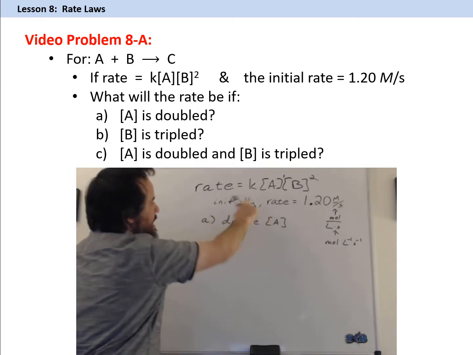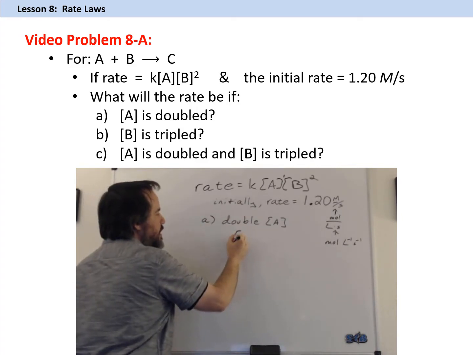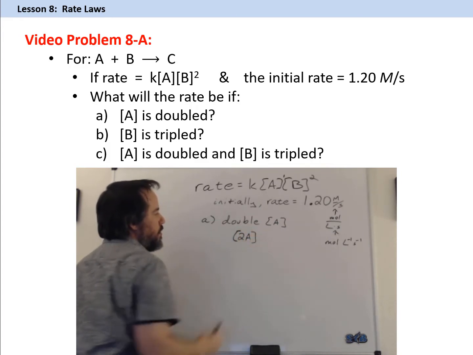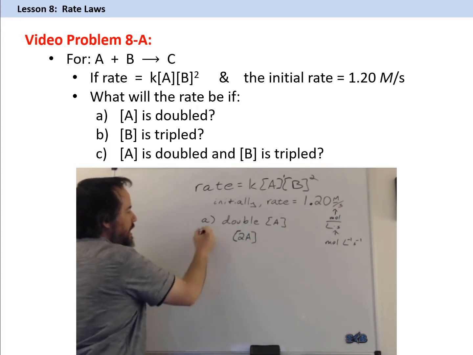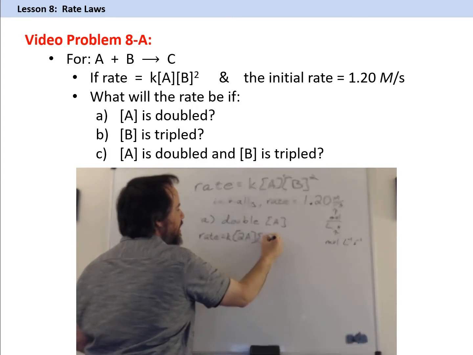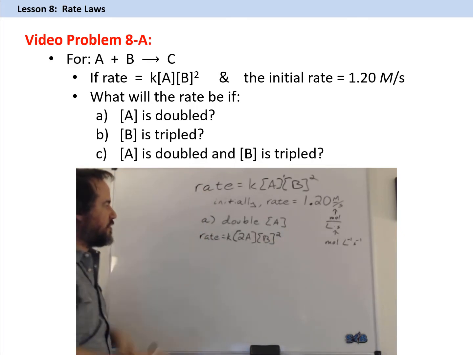So if my rate equals 1.2, and all of a sudden my A goes to 2A, well, what's going to happen is now my rate is going to be doubled, right? So I'm going from this to this, right?